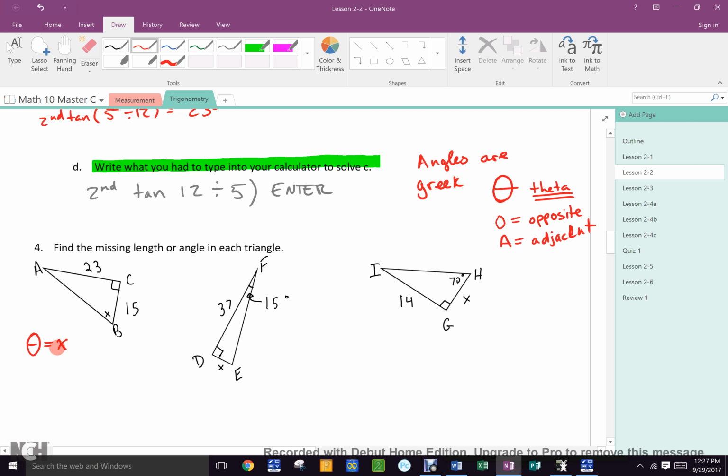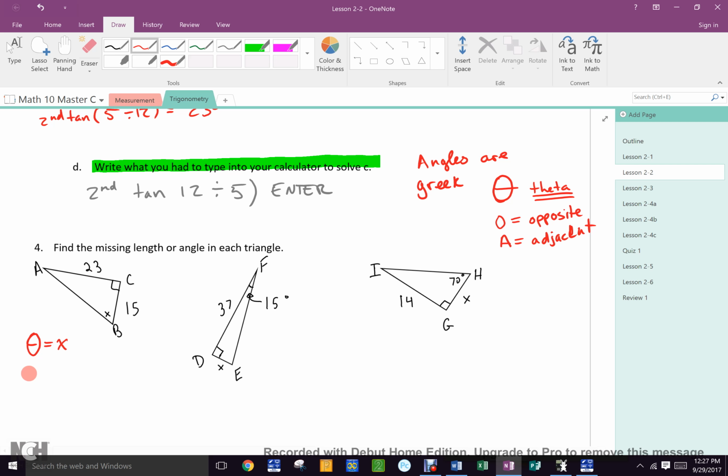Any problem? Excellent. Now, I look at this triangle and I see the hypotenuse is blank. So screw him. I don't care about him. But I have an opposite of what? 23. And I have an adjacent of what? 15. Now I ask myself, do I need an angle or do I need a side?